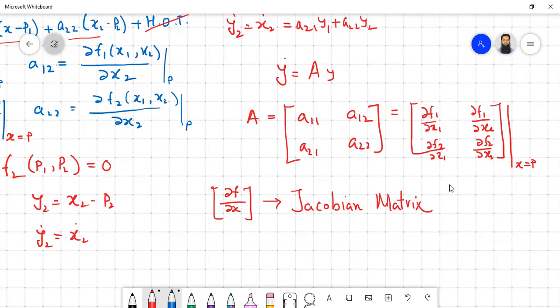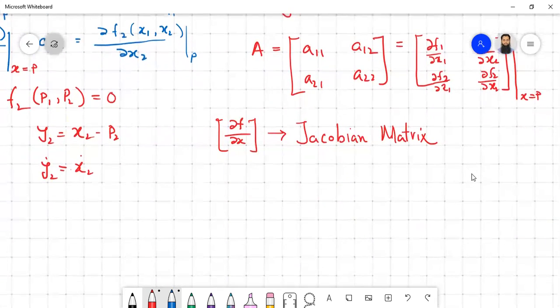Okay, and once you place the value with respect to any particular equilibrium point, then we call it the A. So basically A is del f by del x subjected to any point, that is x equal to p.